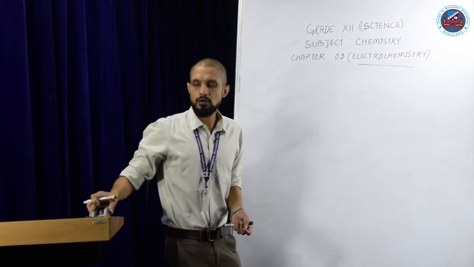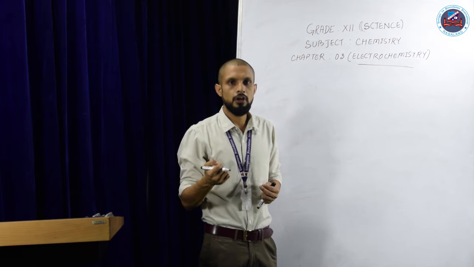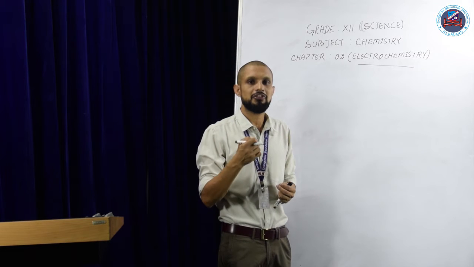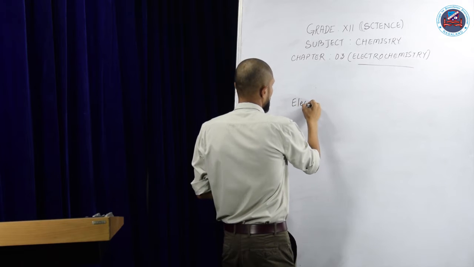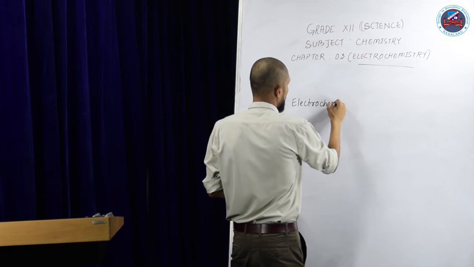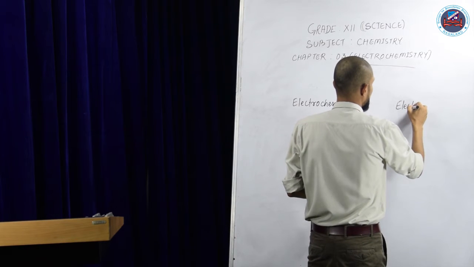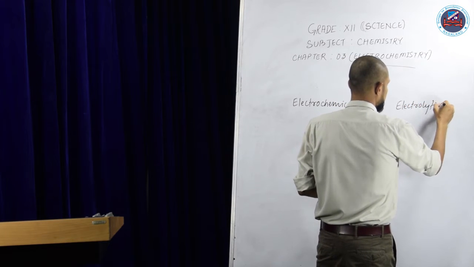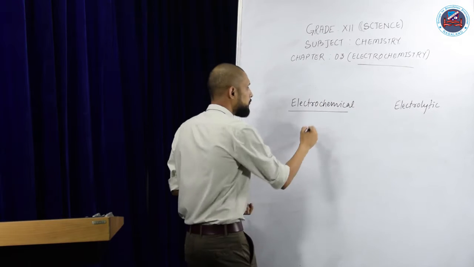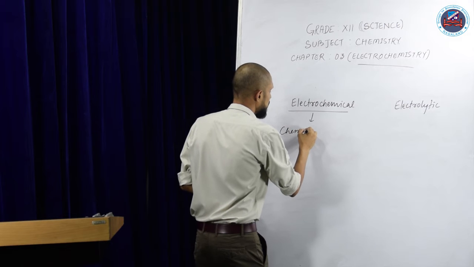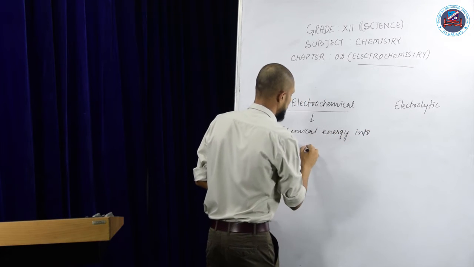So, based on whether we are going to convert electrical energy into chemical energy or chemical energy into electrical energy, there are two types of devices. That is electrochemical and electrolytic. In electrochemical device, we convert chemical energy into electrical energy.